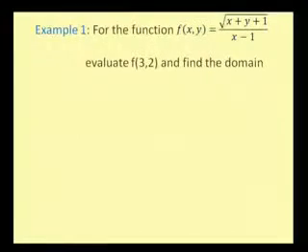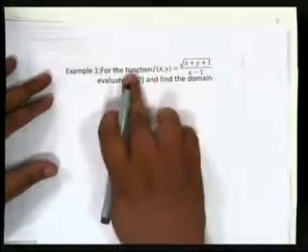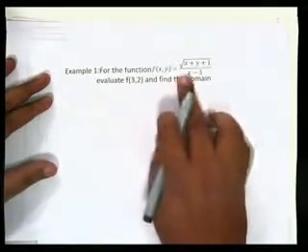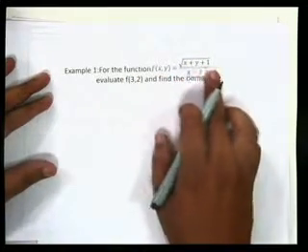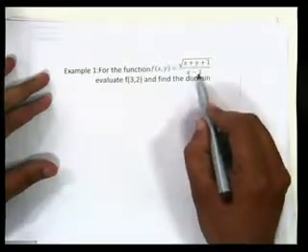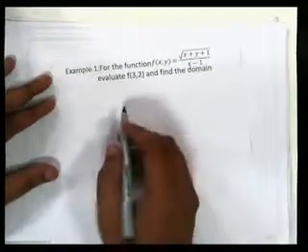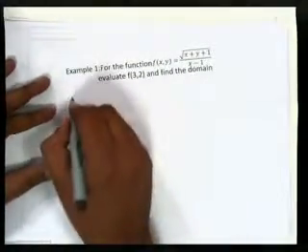Next slide. Now let us see the first example. Consider the function f of x, y is equal to, table please, f of x, y is equal to square root of x plus y plus 1 upon x minus 1. First question is to evaluate f of 3, 2.